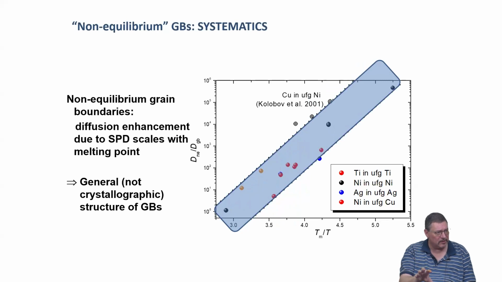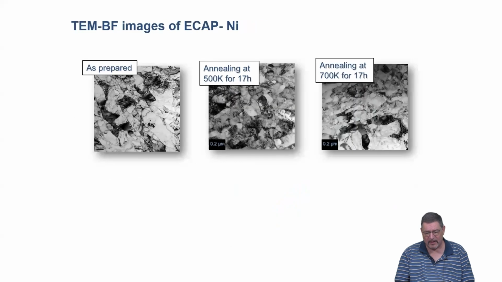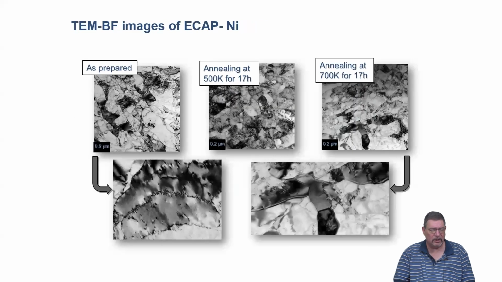This will affect precipitation behavior, this will affect any kinetics in your system. And when you look for it, you can even use bright field TEM, which is much easier than anything else.